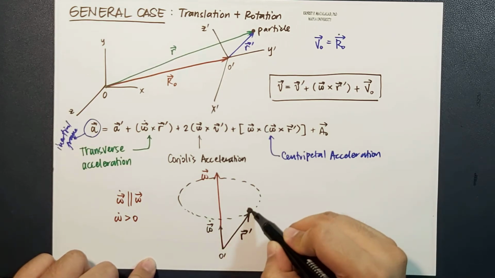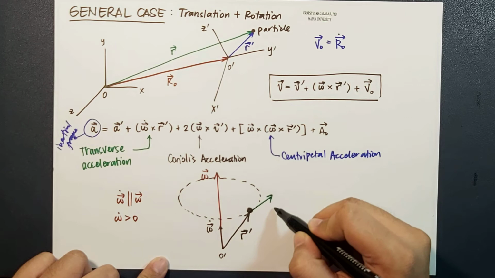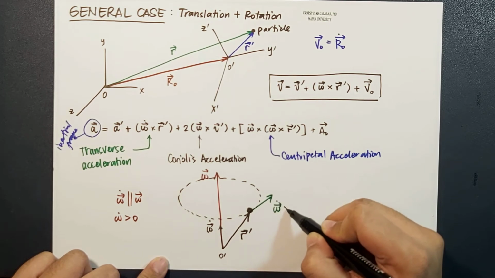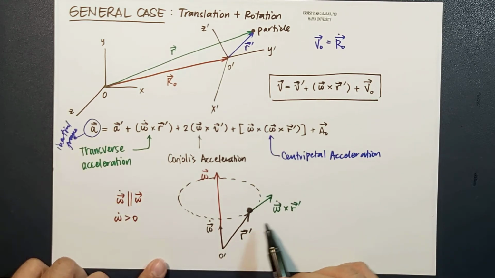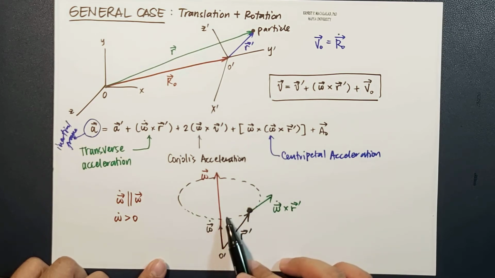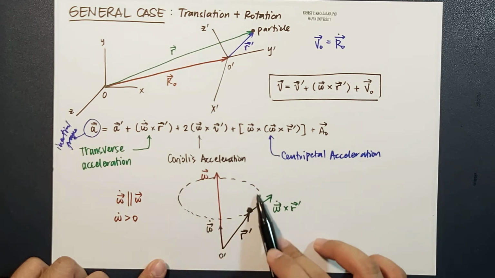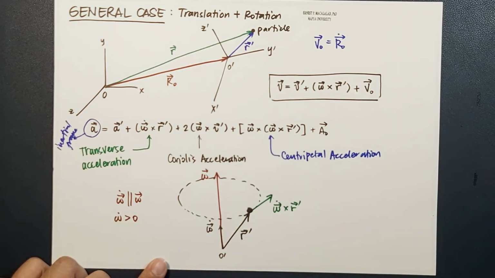In this case, that is tangent to this path. That's why it's called transverse acceleration, because this is the acceleration tangent to the circular path. Sometimes we call this your tangential acceleration in your Physics 1 class.